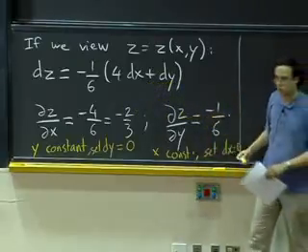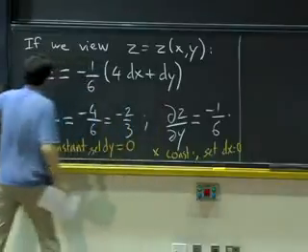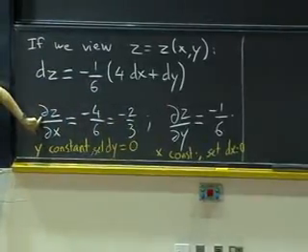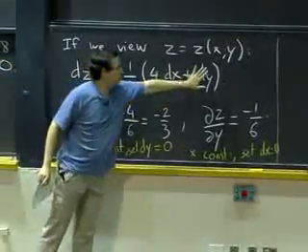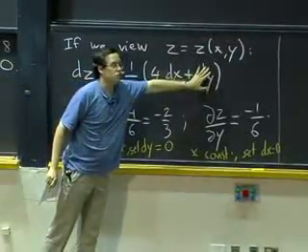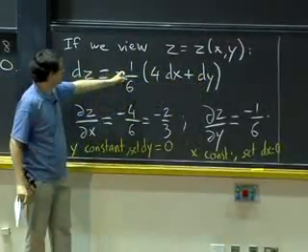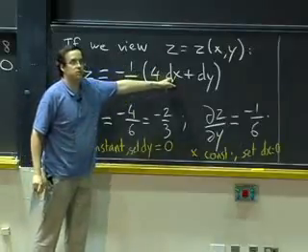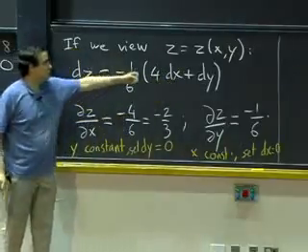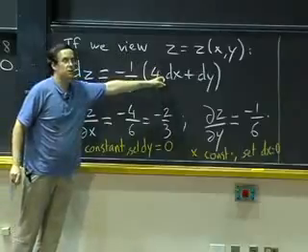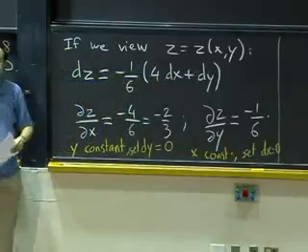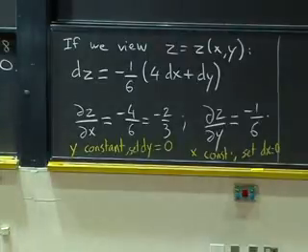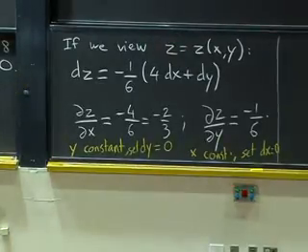Or another way to think about it, if you want to know partial z over partial x, it means you set y to be constant. Setting y to be constant means that you put 0 in the place of dy. So you'll be left with dz equals minus 4/6 dx. And that will give you the rate of change of z with respect to x when you keep y constant. Okay? So there are various ways to think about this, but hopefully it makes sense.